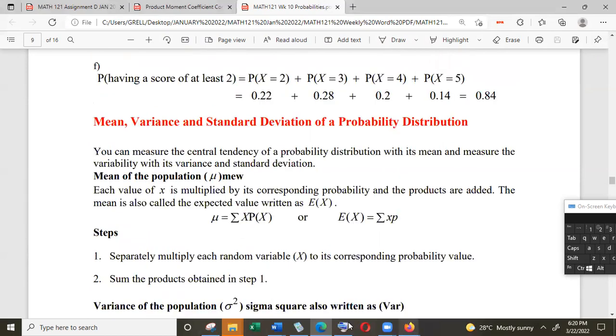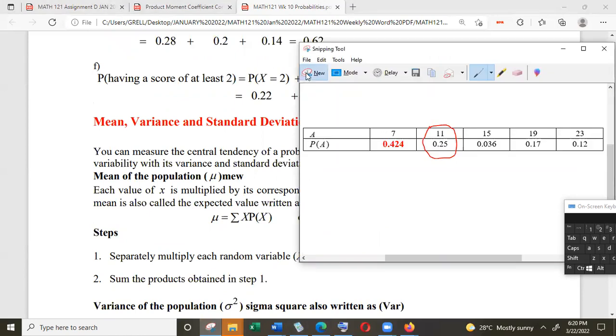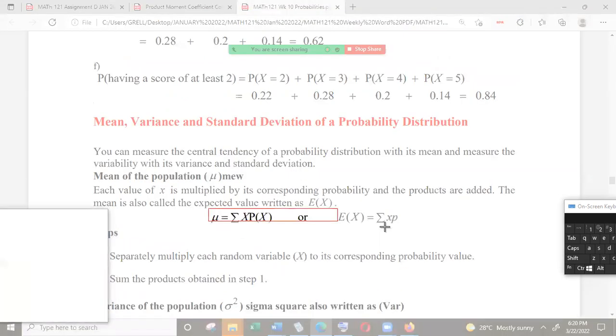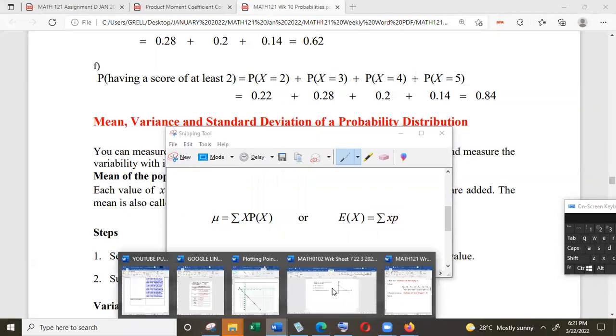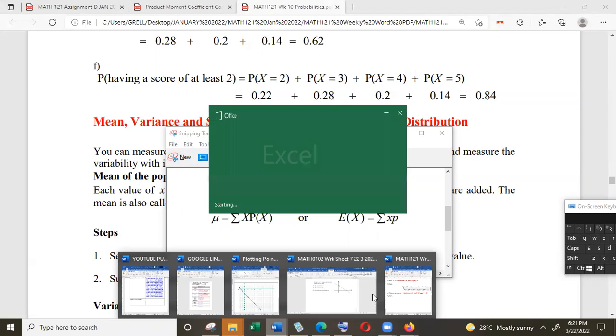Simple as that. So I repeat, once you see sigma in the mean formula, think of a table, and in front of a computer, think of Excel.